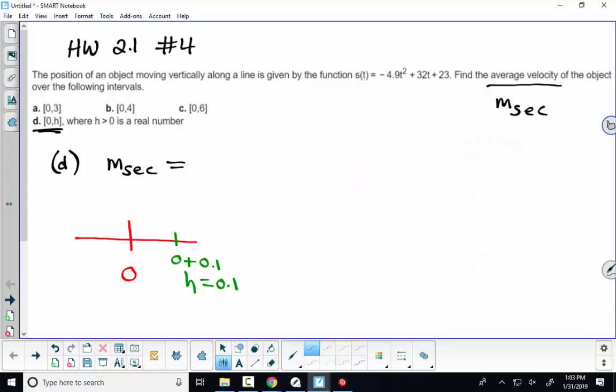So slope of the secant line, what form does that take? What does it look like? Difference quotient, or the change in y over the change in x. So we have the function s evaluated at h minus s evaluated at 0, all over h minus 0, or h.